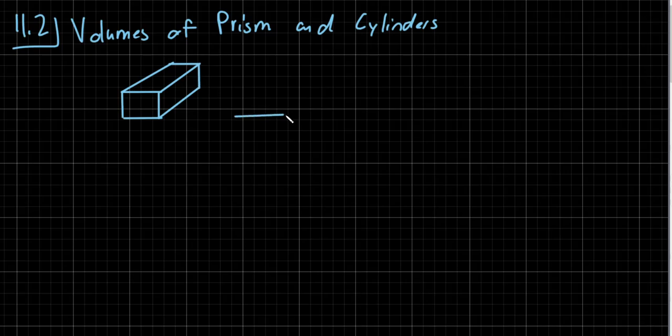If I tilt this slightly, this is a rectangle, right? If I tilt it slightly, what shape is this now? A rhombus? Okay, if this is a rectangle and I tilt it, it's now a parallelogram.